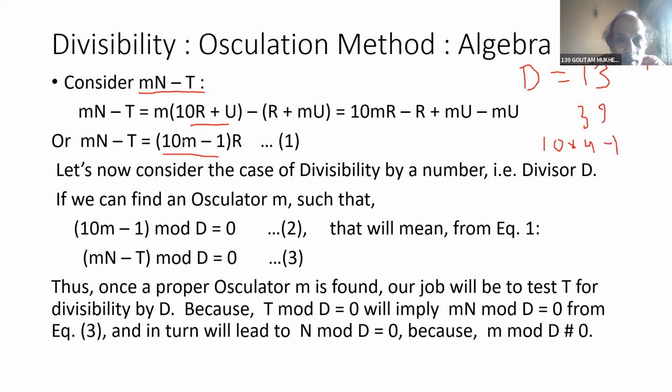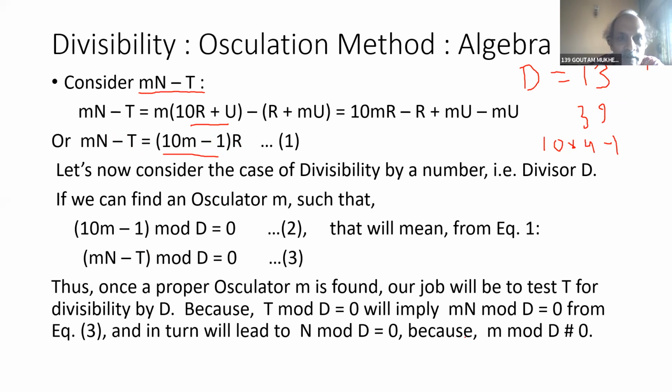Because this 39 is divisible by 13, mn minus t will be divisible as well. If t gets divisible by 13, automatically n will also be divisible by 13 from the expression. There is some logic there.